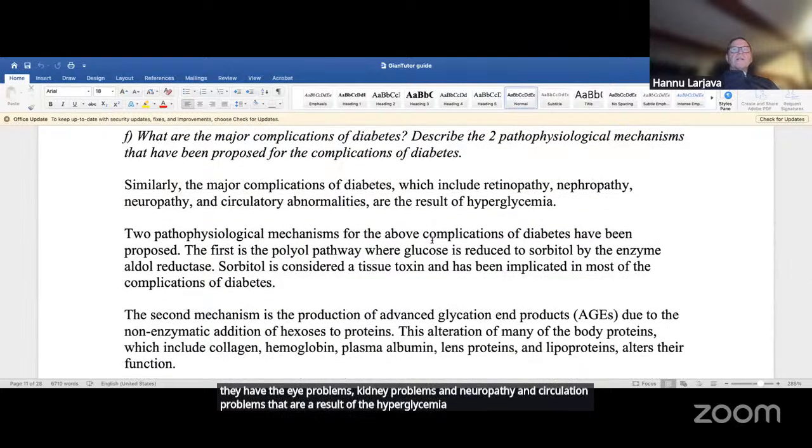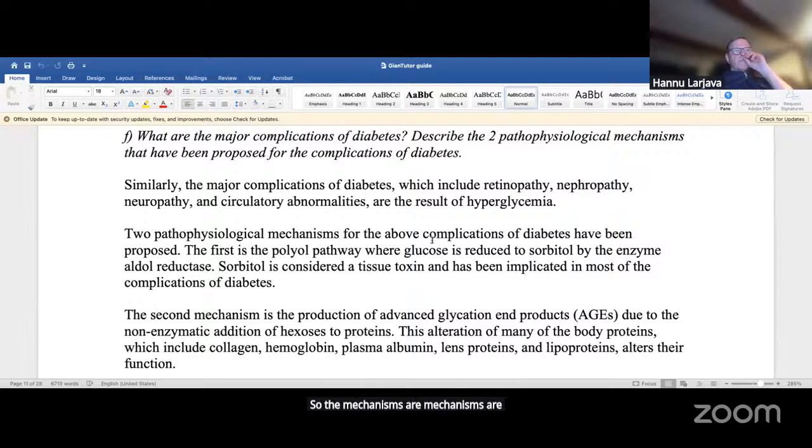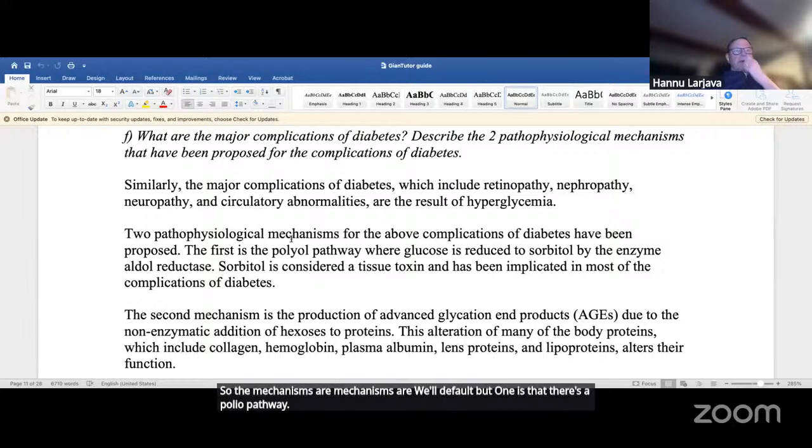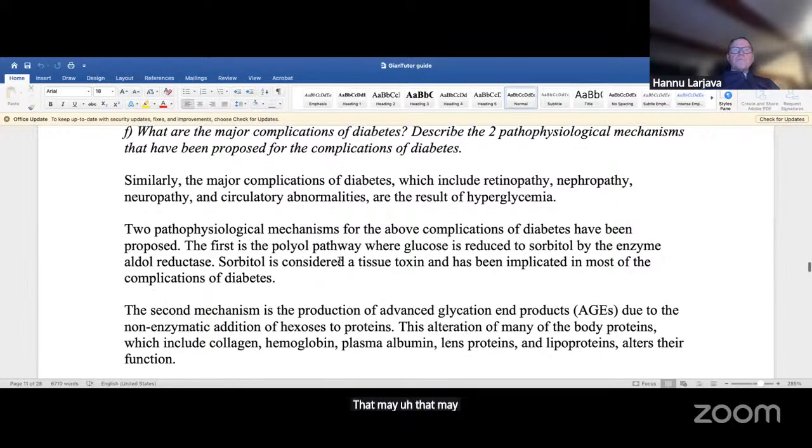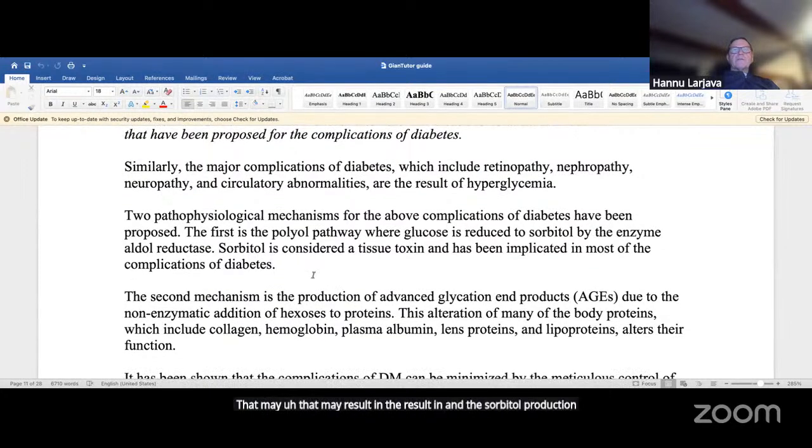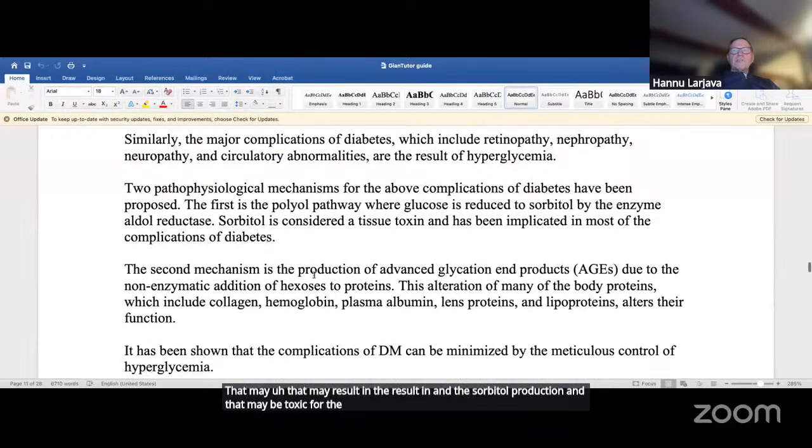So the mechanisms are multifold, but one is that there's a polyol pathway that may result in sorbitol production, and that may be toxic for the tissues.